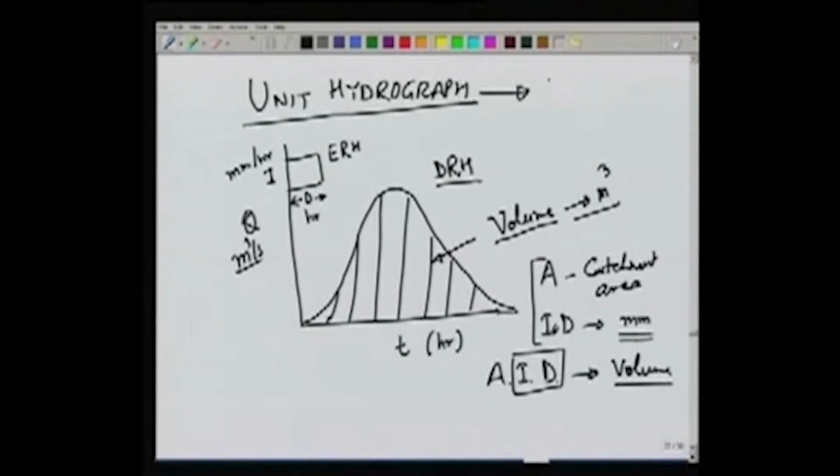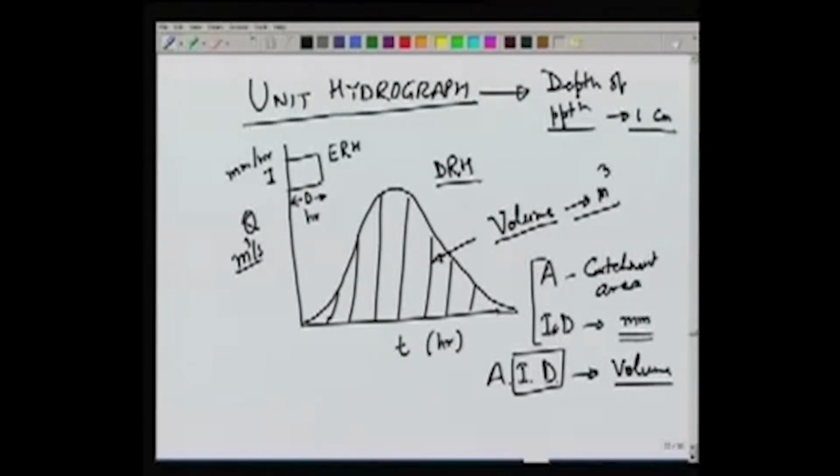So the depth of rain should be a unit, let's call it depth of precipitation. The unit which is used typically in India is 1 centimeter. In some countries, depth of precipitation is taken as 1 inch for the unit hydrograph, but we will take 1 centimeter as the unit rainfall.